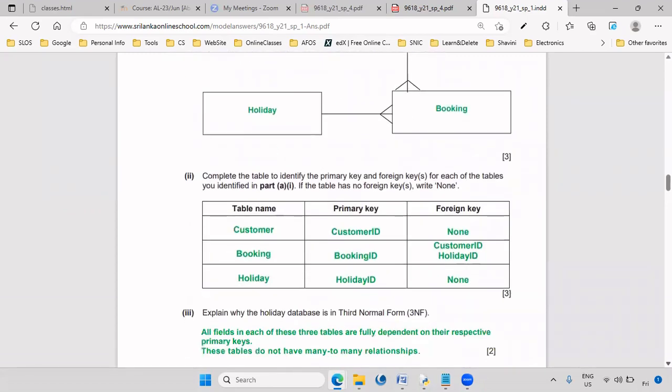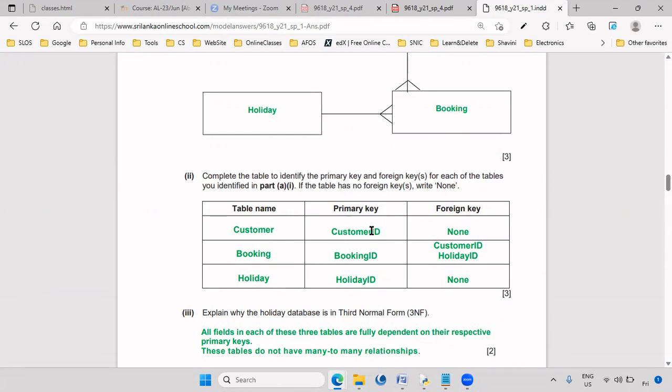Complete the table to identify the primary key and foreign keys for each of the tables you identified in part A1. If the table has no foreign keys, write none. So the table name customer, primary key, obviously the standard one is customer ID.